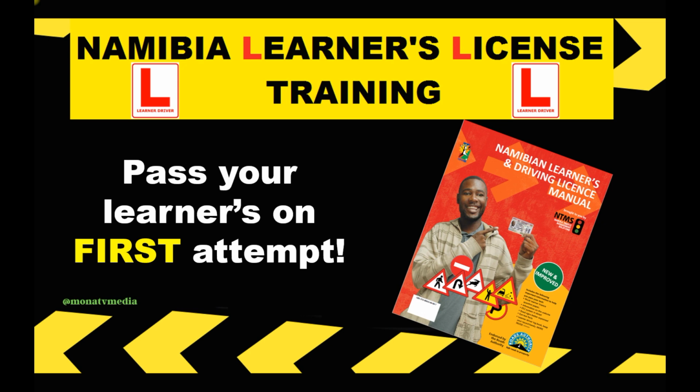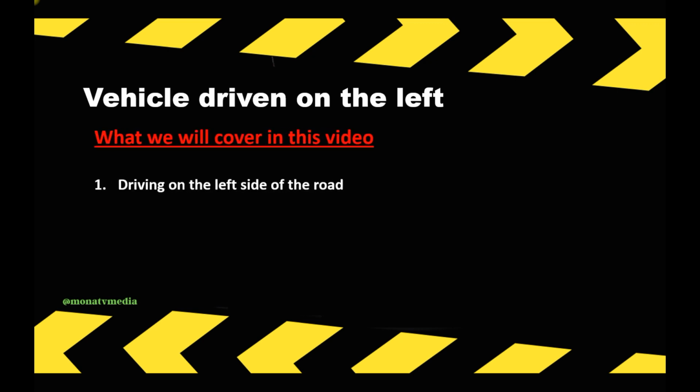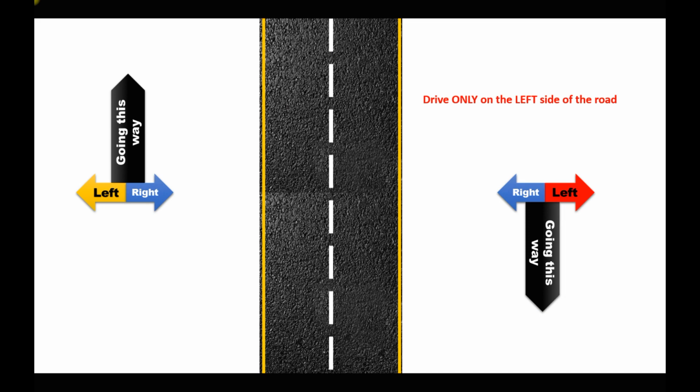So the first rule that we'll look at in this video is that vehicles are driven on the left. The video will cover driving on the left side of the road, and when to drive on the right side of the road. As you can see, if that is our road and it is divided into two lanes with traffic moving in different directions, it means if you are facing up, your left will be on your left.